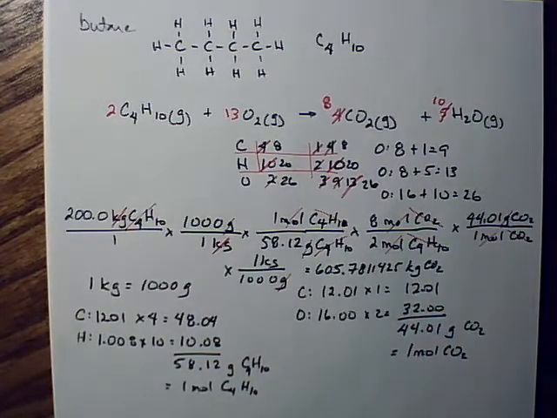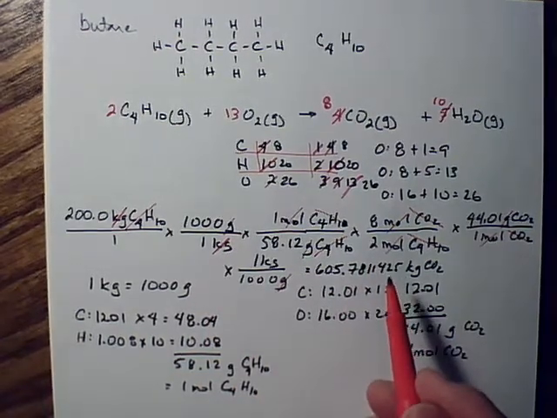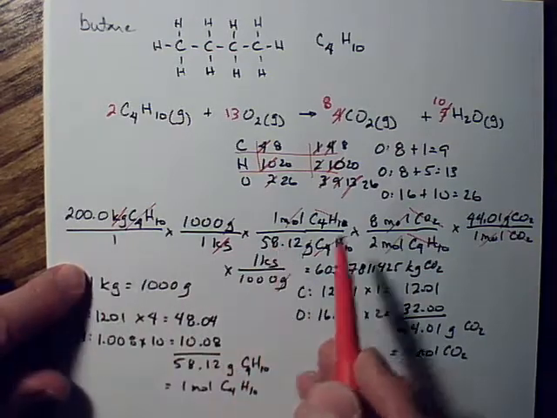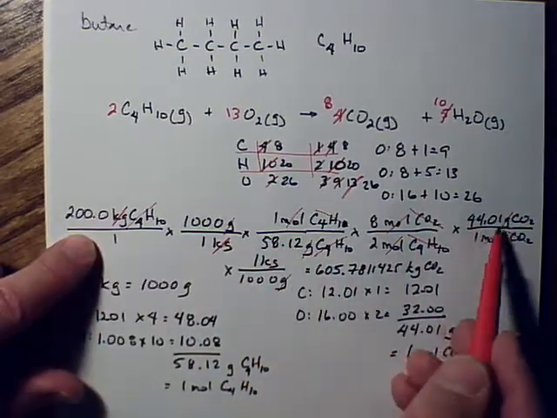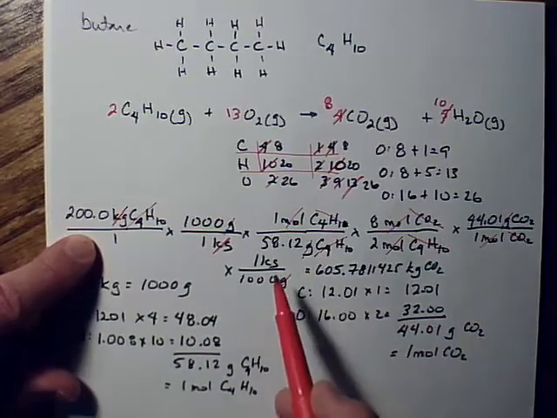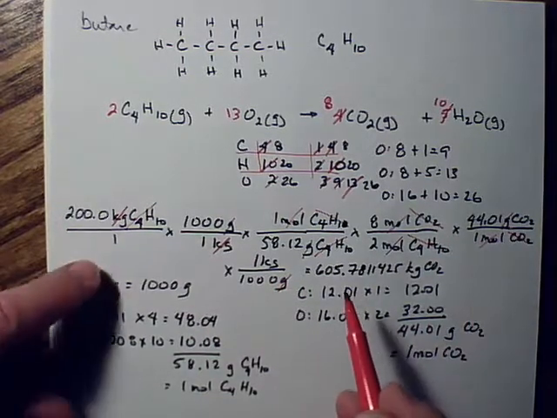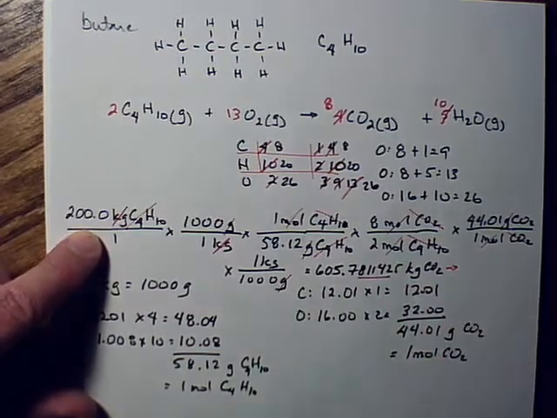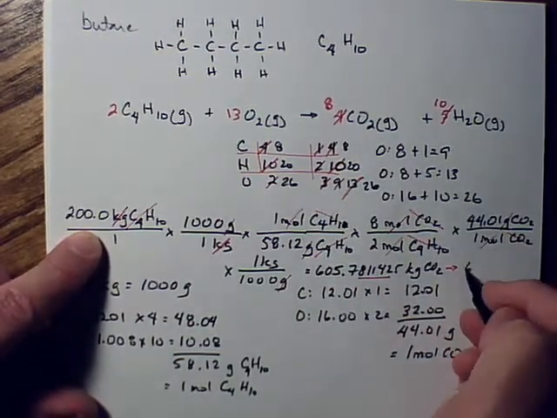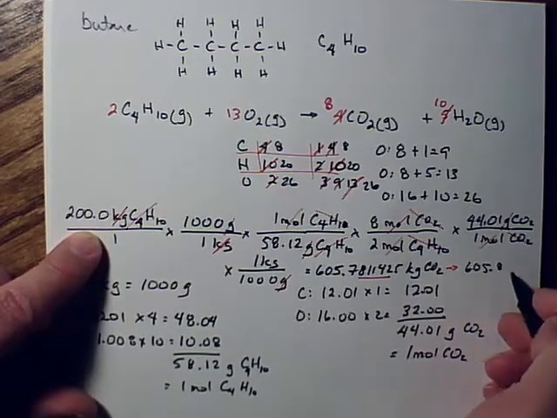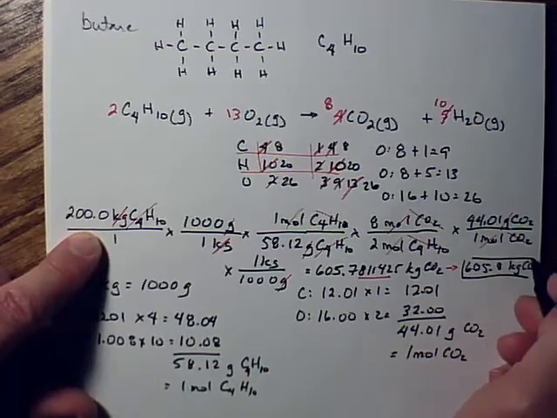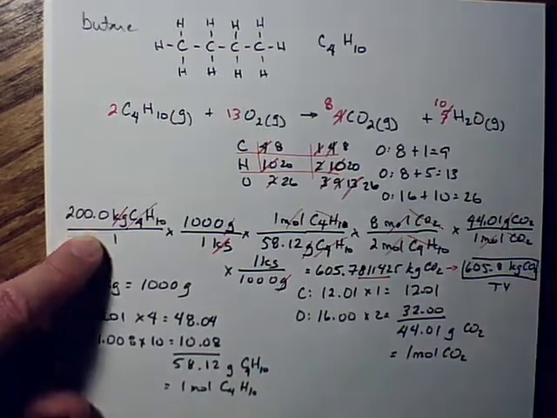I'm going to round this off to match the measured or calculated numbers, as this one, and this one, measured or calculated numbers that have the least number of digits. Well, all of these have 4 significant digits, so we want our final answer in 4. So 605.8 kilograms of CO2 is the theoretical yield. Okay, this is the theoretical yield.